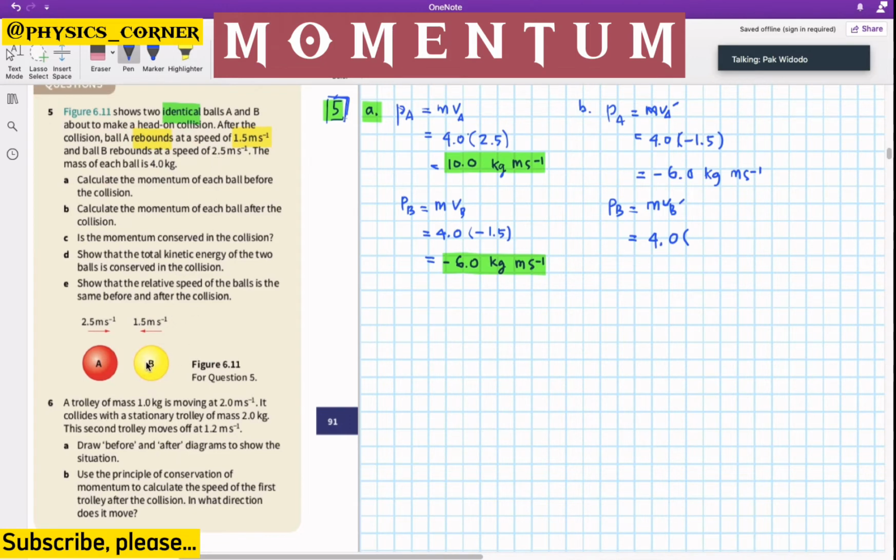Rebound means going to the right, so in the positive side, positive 2.5. So here is 10.0 kilogram meter second minus 1.